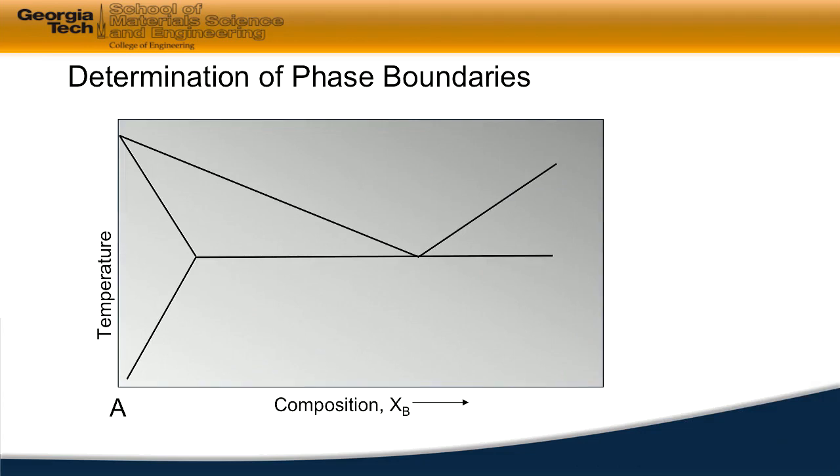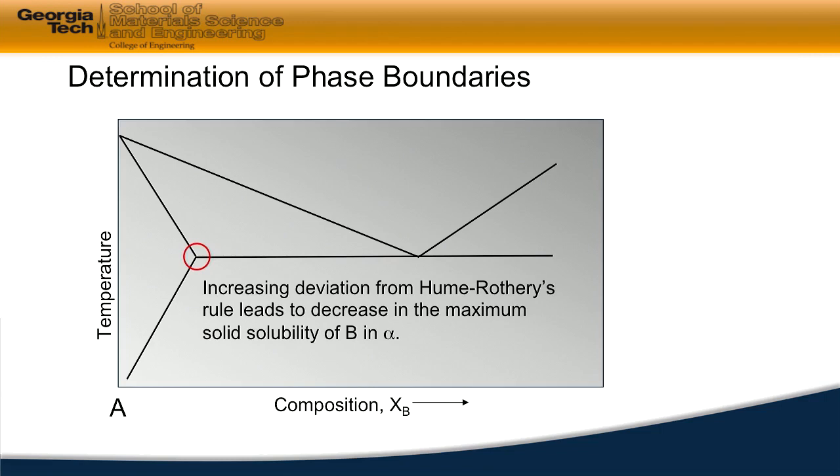Now, when we look at a diagram like the eutectic diagram, there's something I want to point out here, and it ties back into discussions that we had in previous modules. At this particular point that I've circled, this point indicates the maximum solubility of component B in that phase that I'm going to refer to as alpha.